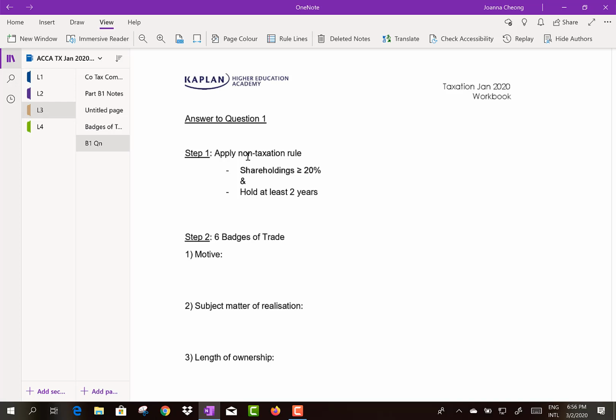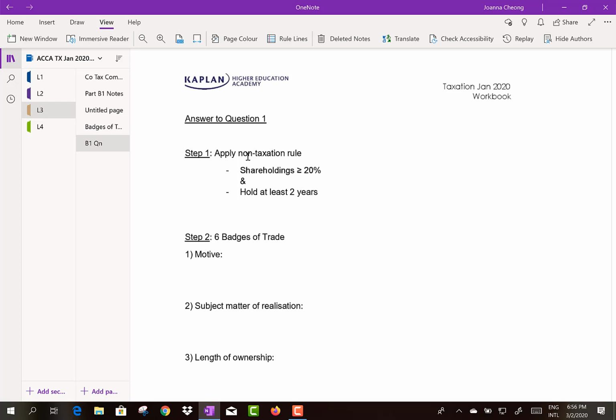It's a shareholding. Malville, do you think they own a share of the other company of at least 20%? Did it say? No, it doesn't say. So it's a question mark. But did they hold on to the share for at least 2 years? Yes. Now, if the question is unclear, you have to look at the marks given to you and see how much to write.